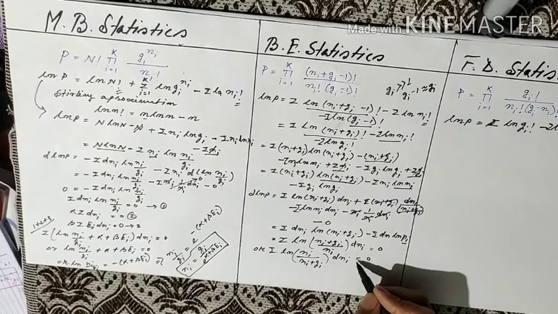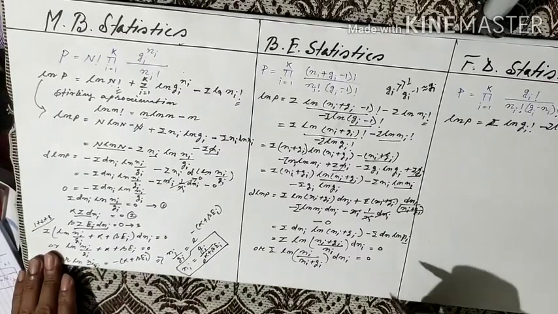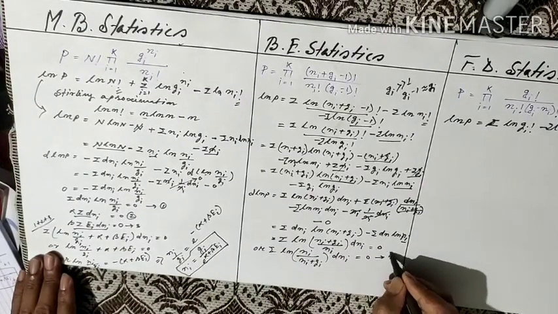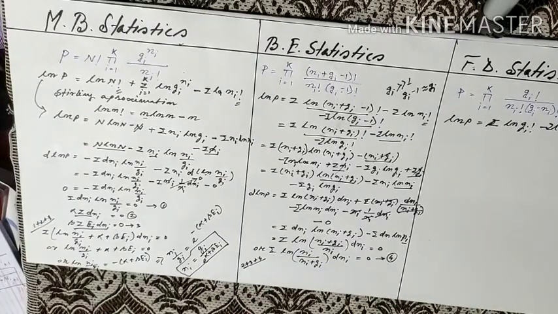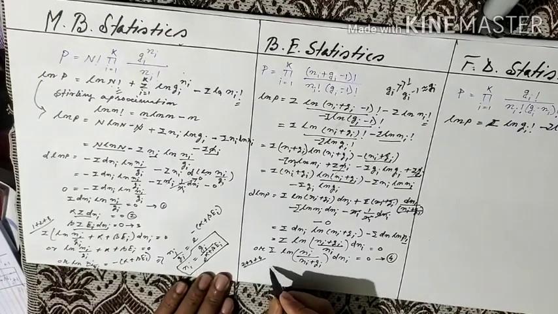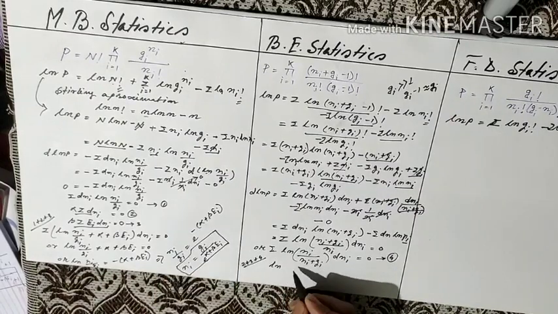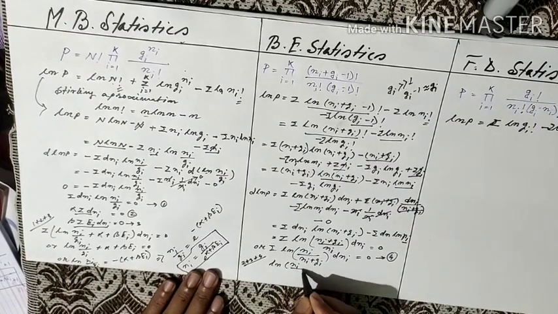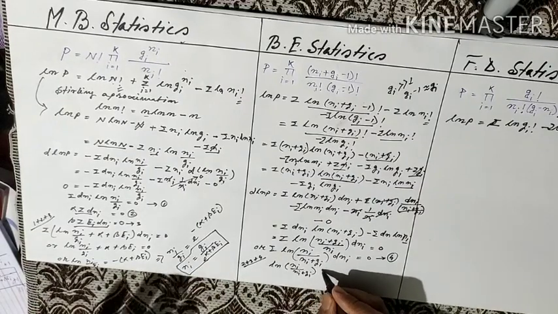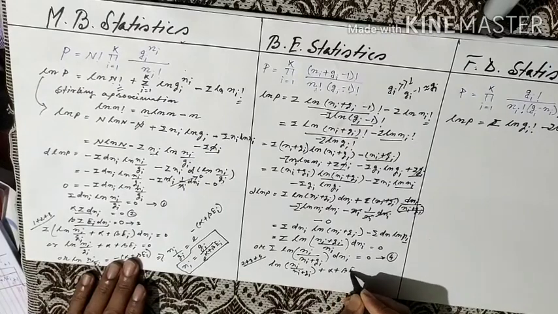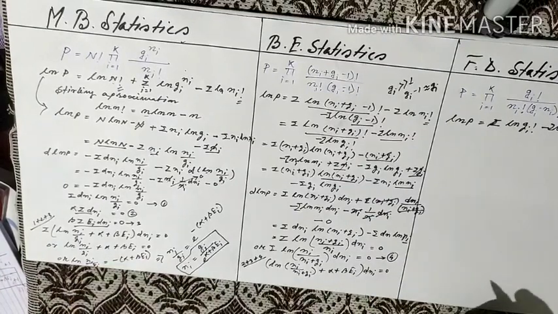Now in this, I will add these equations 2 and 3, same thing. If I write this as 4, then 2 plus 3 plus 4, I will get summation of ln ni by ni plus gi plus alpha plus beta ei, dni is equal to 0.